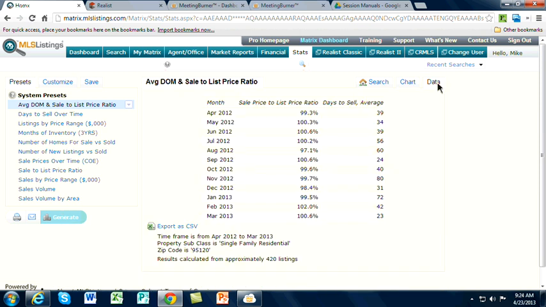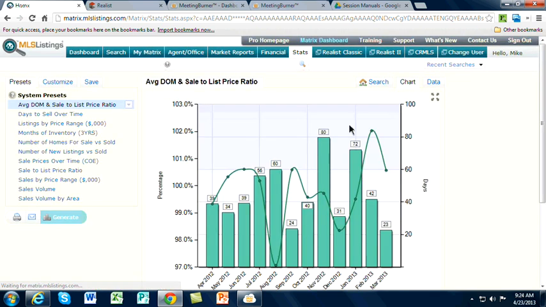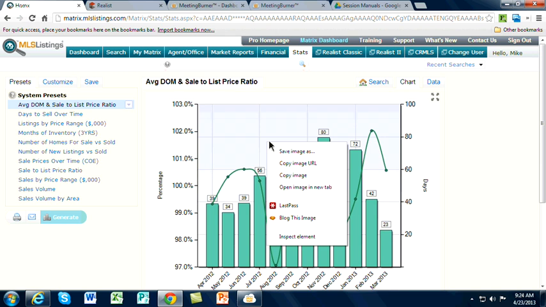It gives us a nice little chart. It gives us the data, and what I used to do is if you right-click on the chart, you can either save it or copy the image.